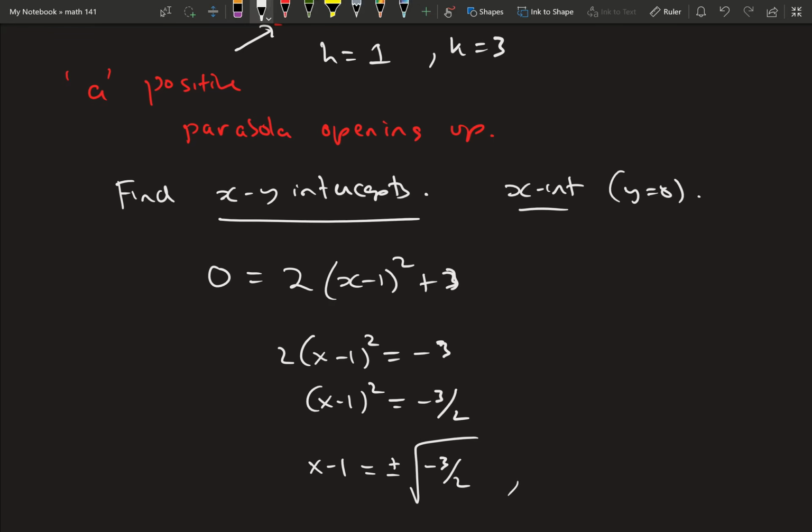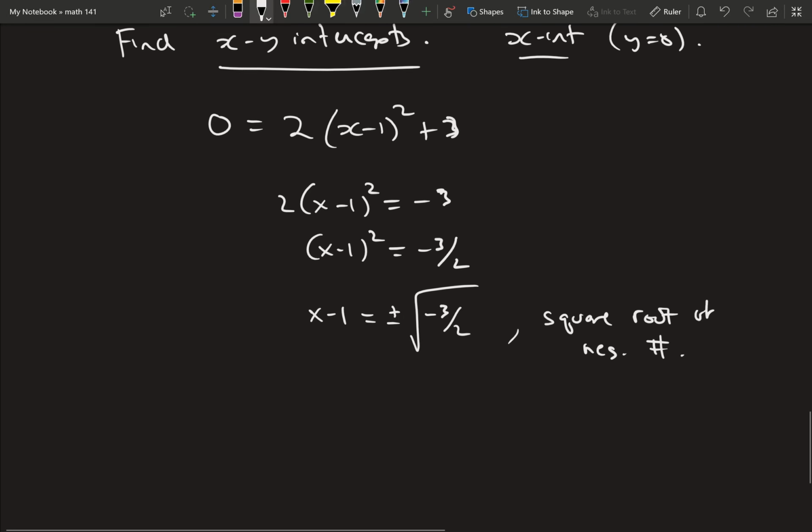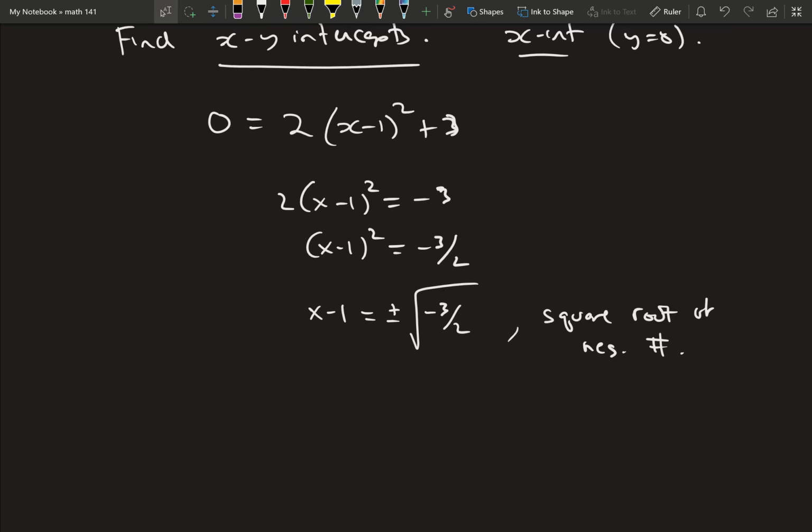But the problem is now we have a square root of a negative number. We can't do that. That's no longer a real number. So what that means is there are actually no x-intercepts here.